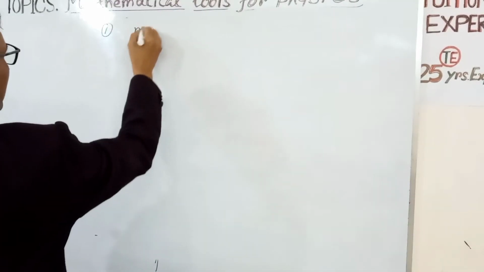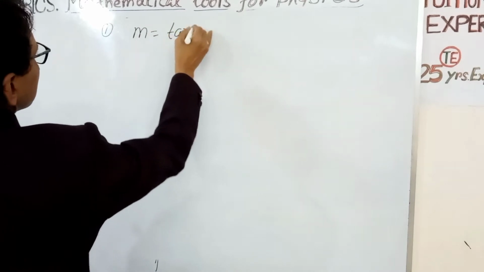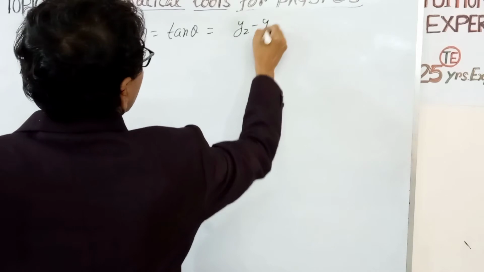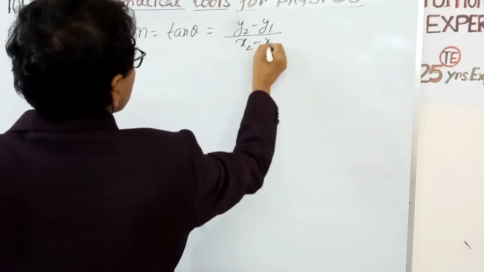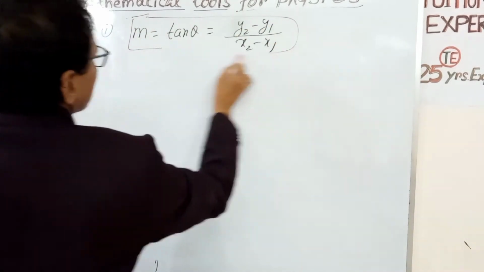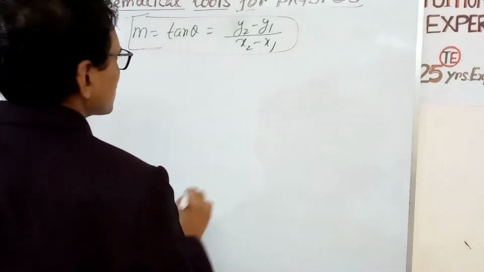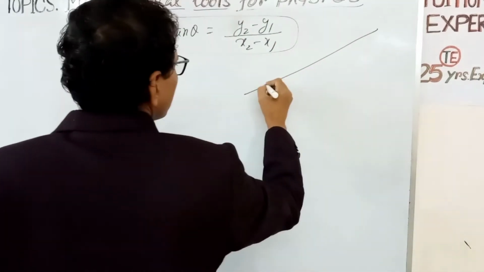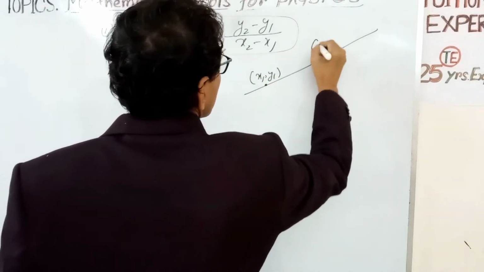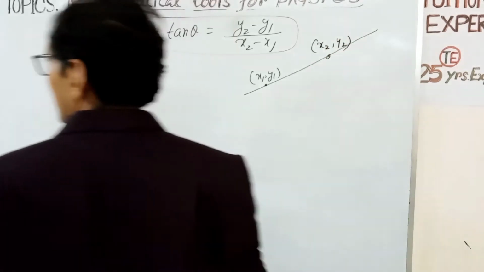So slope of the line is equal to tan theta, which is equal to y2 minus y1 by x2 minus x1. This is one formula, where x1, y1 and x2, y2 are two points on the line.